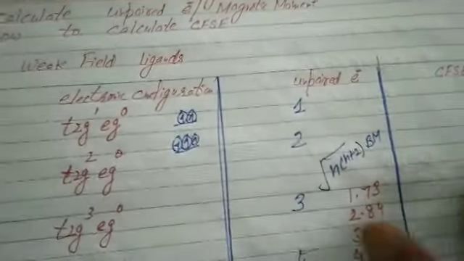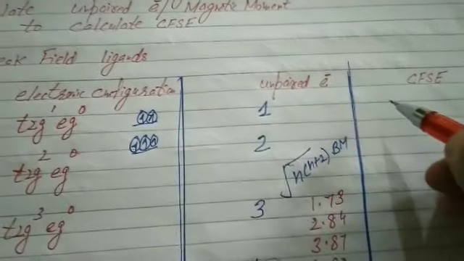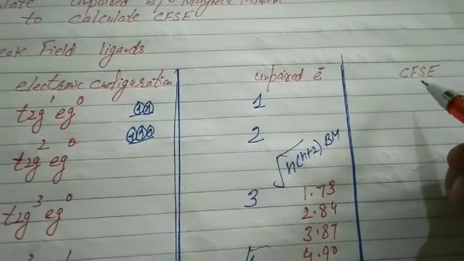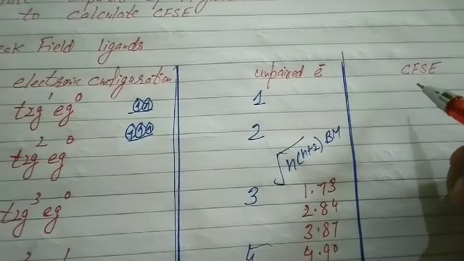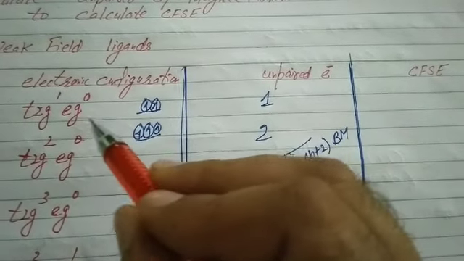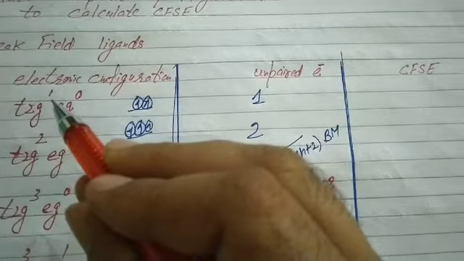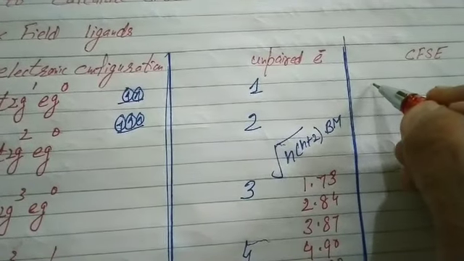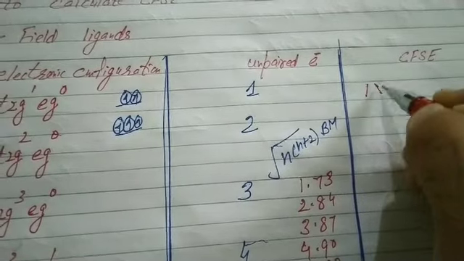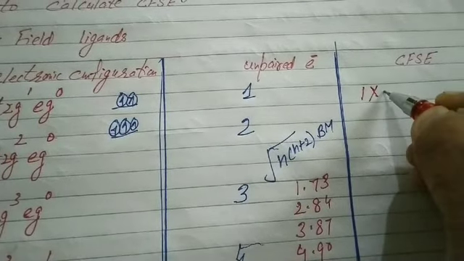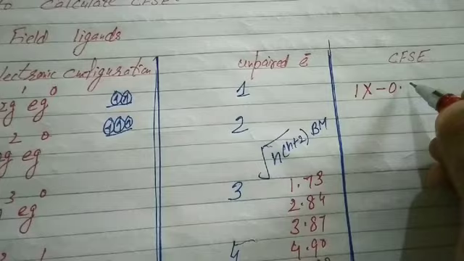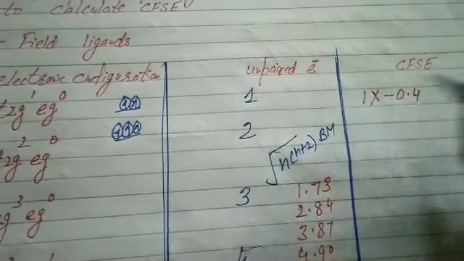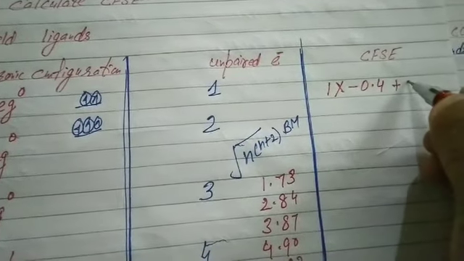Students, after this, next, how to detect crystal field splitting energy, that is main. Crystal field splitting energy, students. Only we check electronic configuration. t2g1, students. At first write electron and then value. t2g, the energy decreased by 0.4 delta naught. eg0 plus 0.